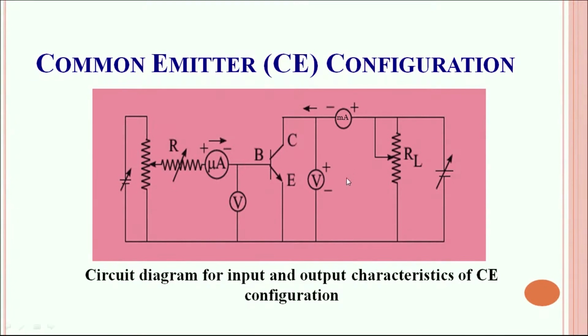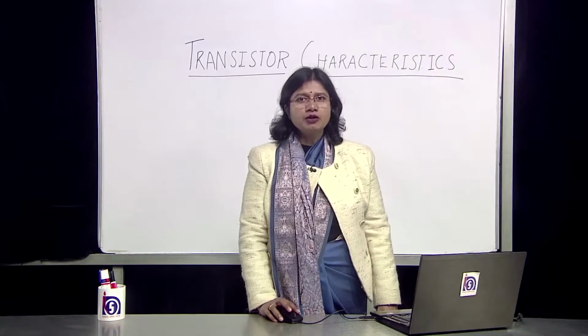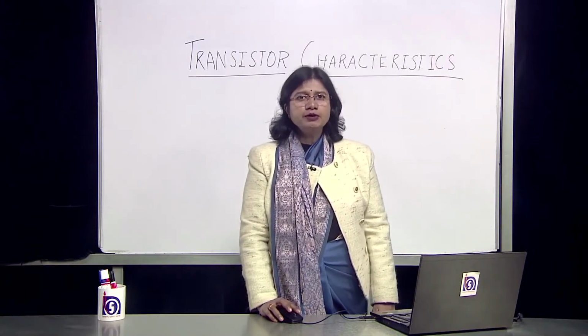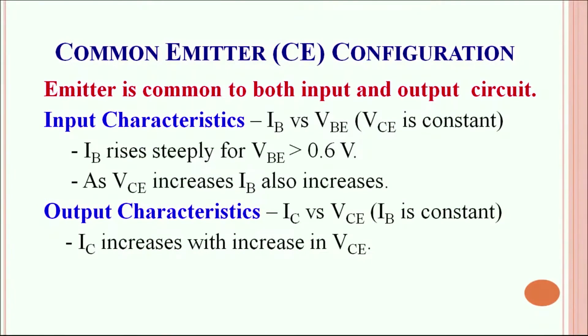Let's understand the input characteristics of the common emitter configuration. For the input characteristics, the input circuit is taken into account. In the input circuit, the base current is plotted as a function of the base emitter voltage, keeping the collector emitter voltage a constant.